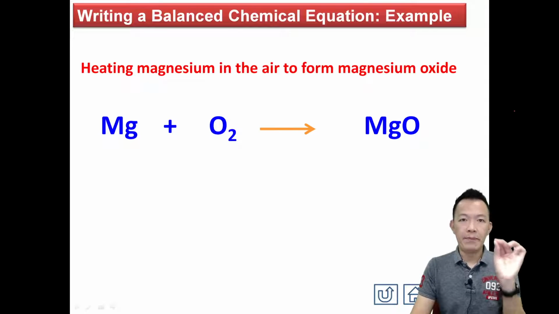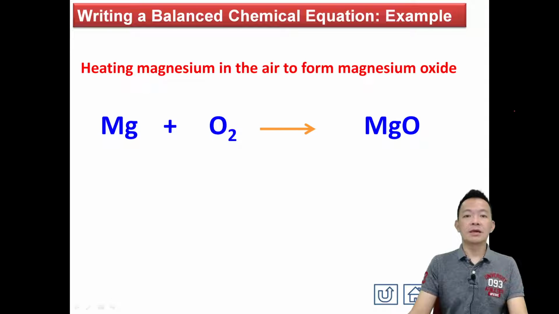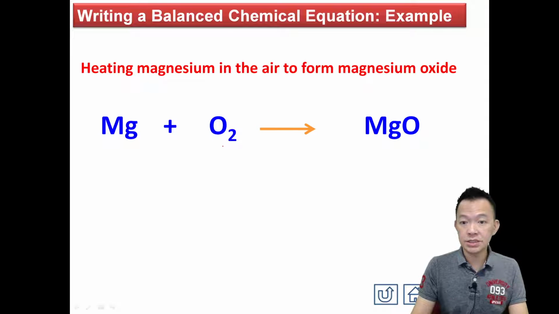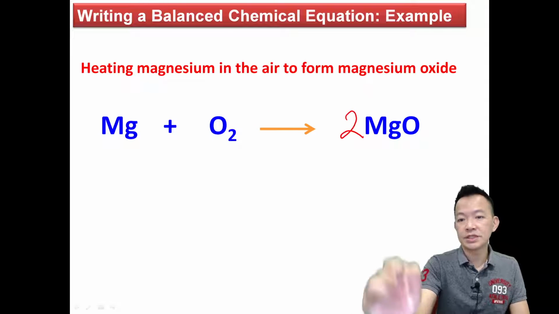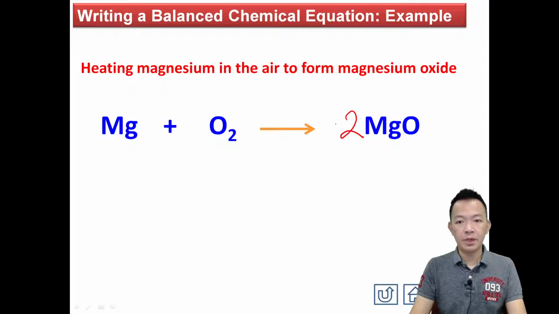So what to do? Balance the number of oxygen, so 2 oxygens. Now I times 2，我在这边乘2，这个2其实就是 number of mole 来的。Times 2, okay, so 2 oxygen.